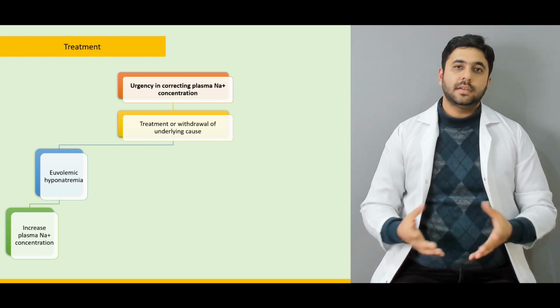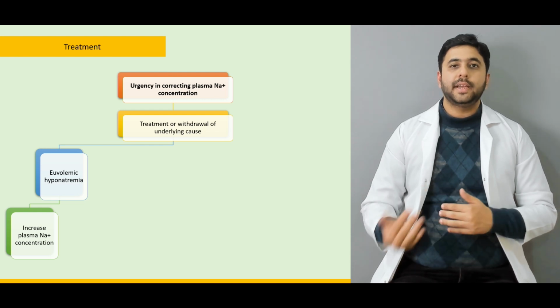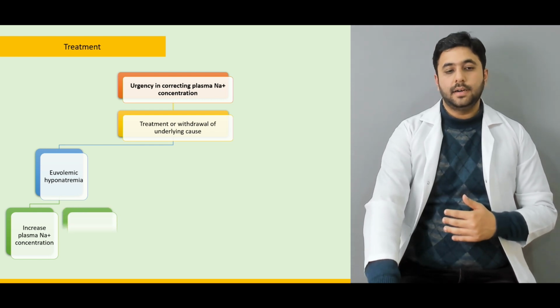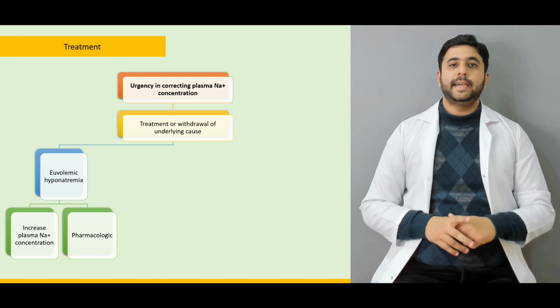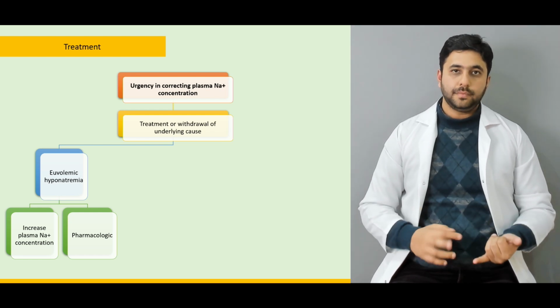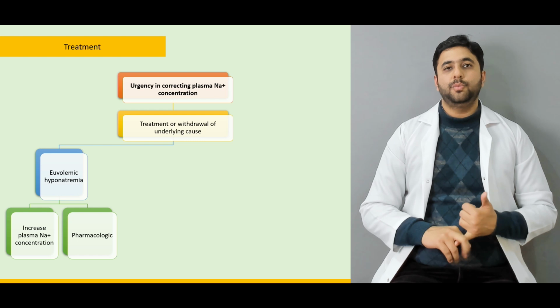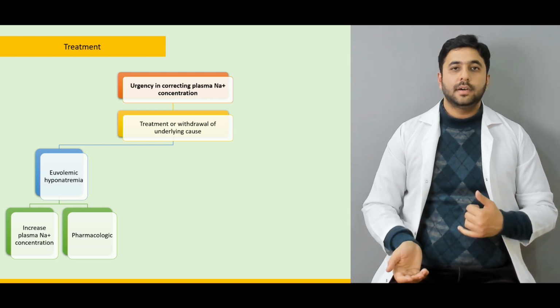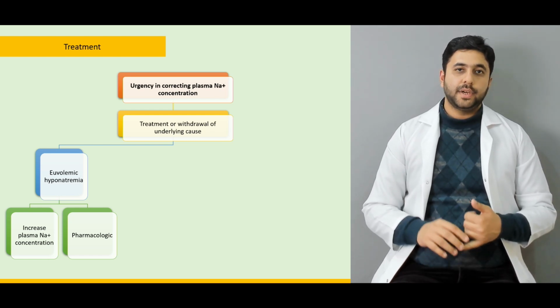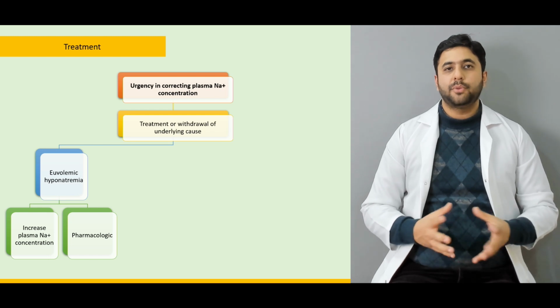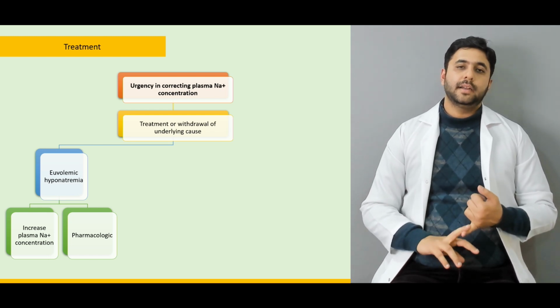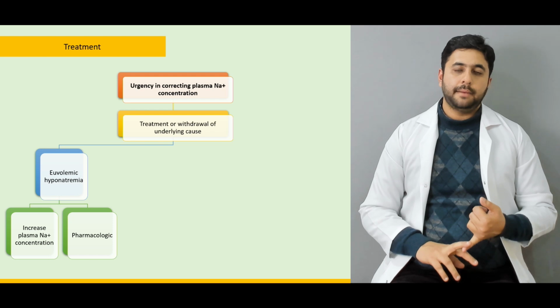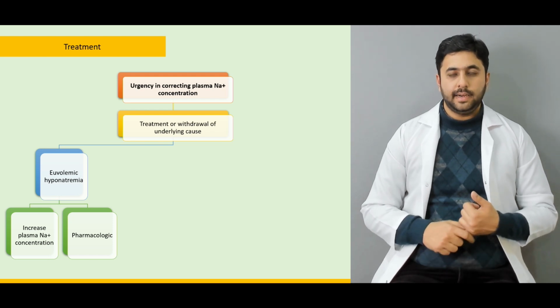But if it is resistant or not reversible, then we have a lot of pharmacological options available for SIADH. For example, number one, we might give the patient furosemide or loop diuretics to get rid of the excess water along with the sodium, and loop diuretics are very important in the treatment. We might have to give patients some sodium tablets or increase the sodium intake.